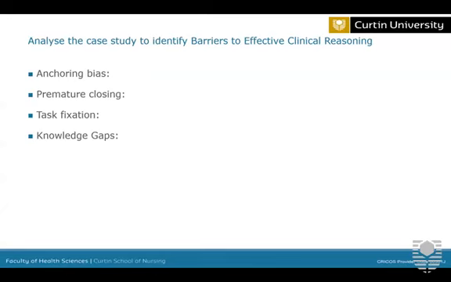So why is anchoring bias a potential risk here? How might premature closing actually be a deterrent to effective clinical reasoning? And is there any task fixation or knowledge gaps that need to be identified?